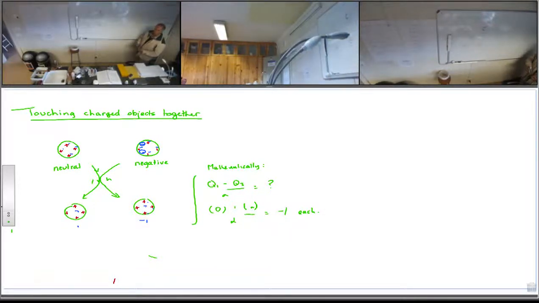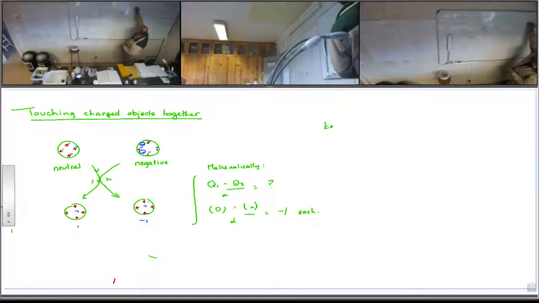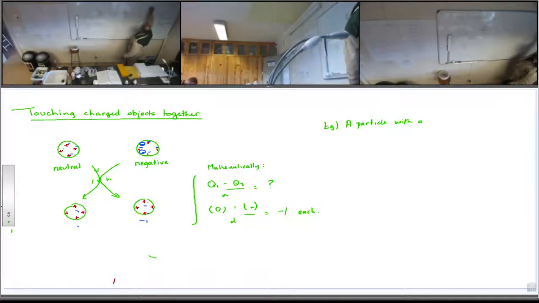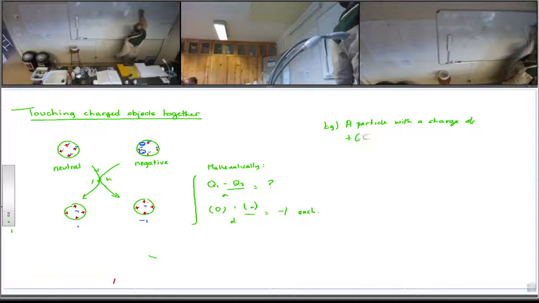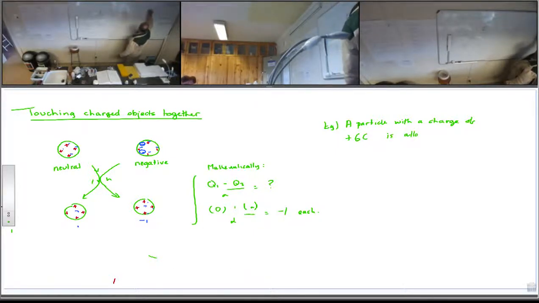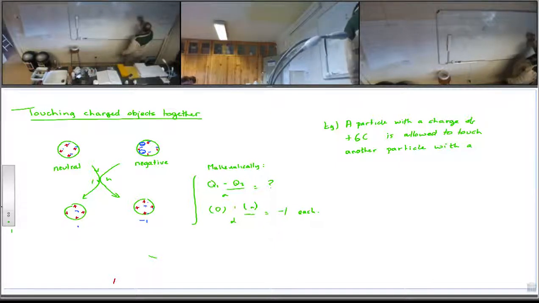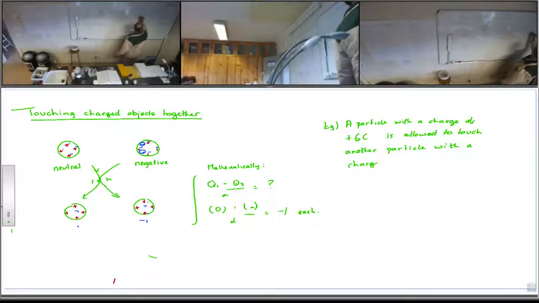Do another example. A particle with a charge of plus 6 coulombs is allowed to touch another particle with a charge of minus 2 coulombs.